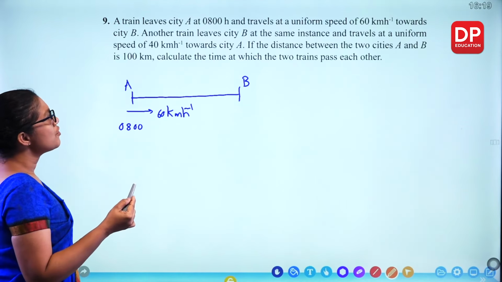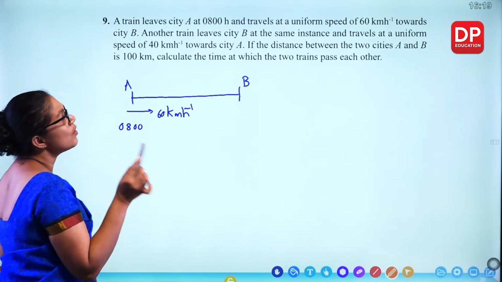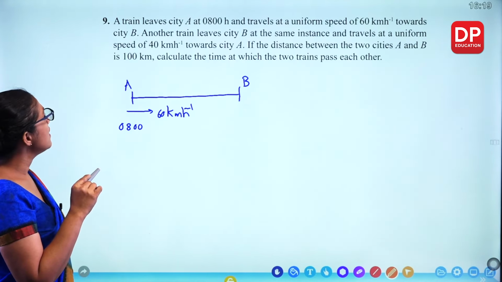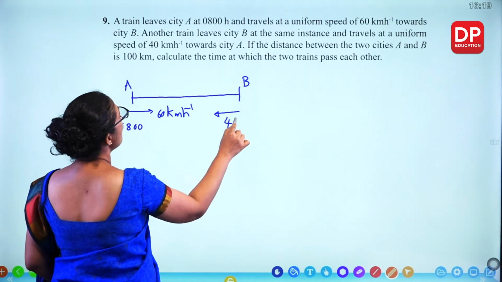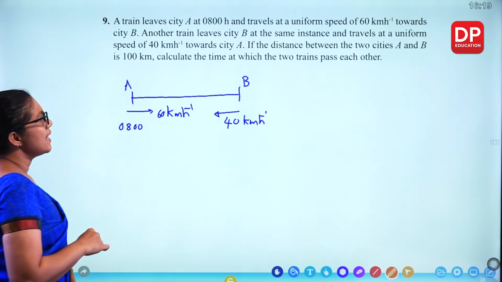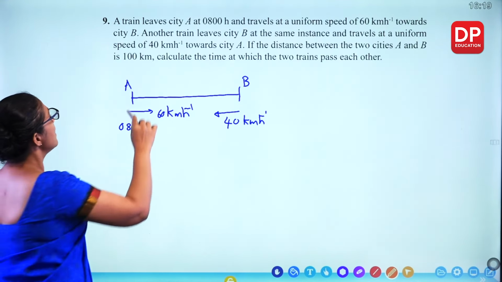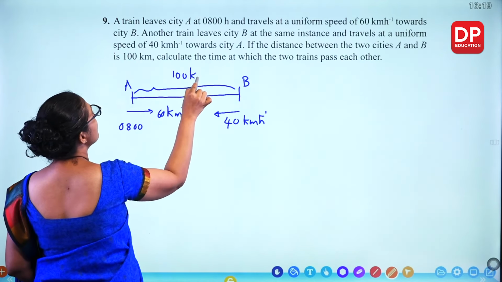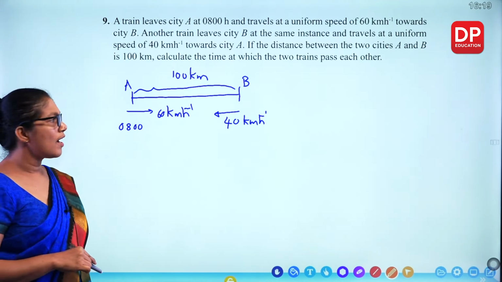And another train leaves city B at the same instant, so 8 o'clock in the morning, and travels at a uniform speed of 40 kilometers per hour towards city A. If the distance between the two cities A and B is 100 kilometers, calculate the time at which the two trains pass each other.